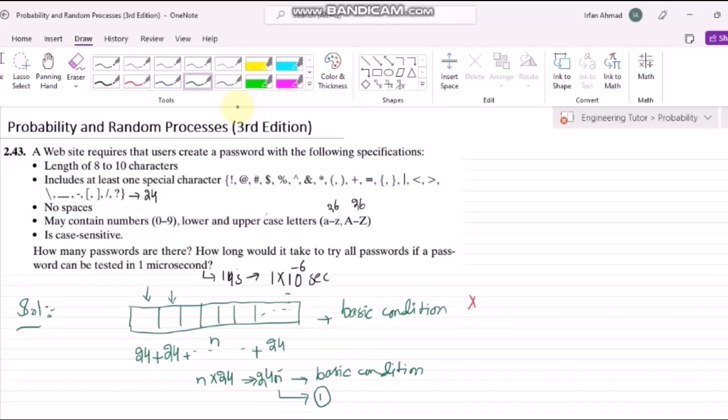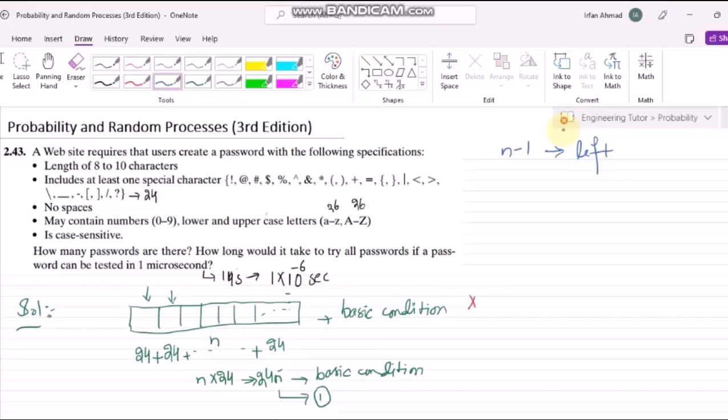So that is the first rule, and let me call it equation 1. Now for condition number 2, one of the n slots has been captured by the special character. So how many slots are left? n minus 1 are left now.